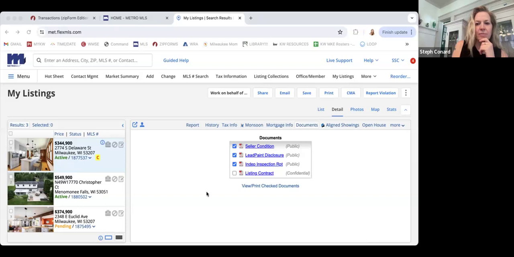So a buyer then receives this. They get an understanding of the defects named. And they will sign it at the very bottom in the buyer's acknowledgement and include this in the offer to purchase.